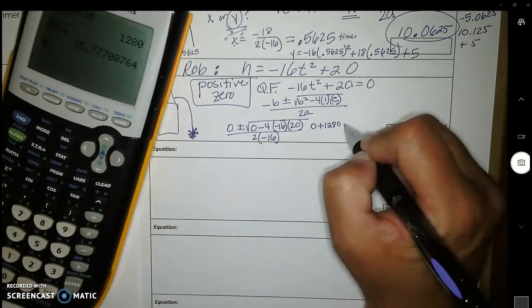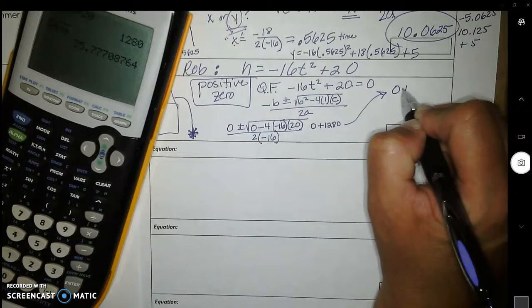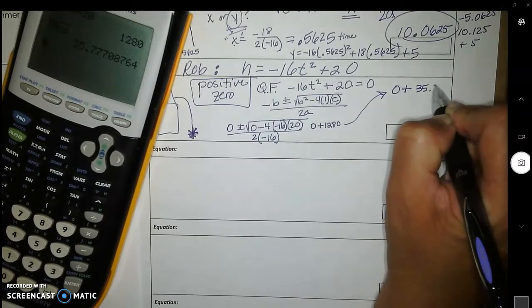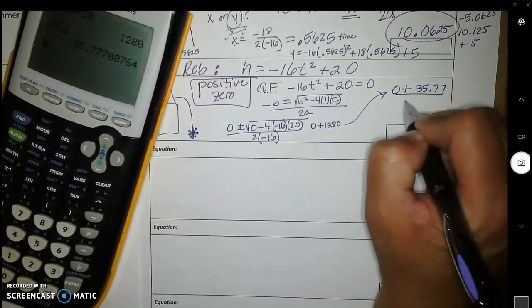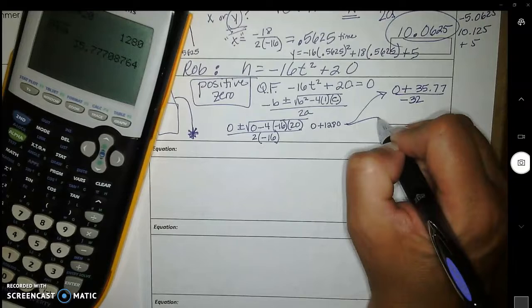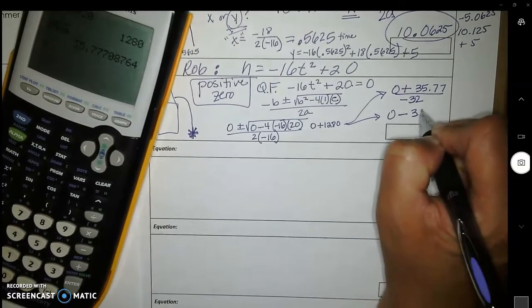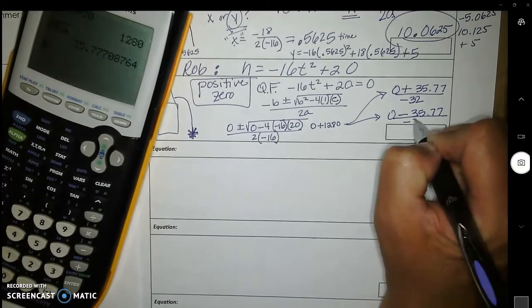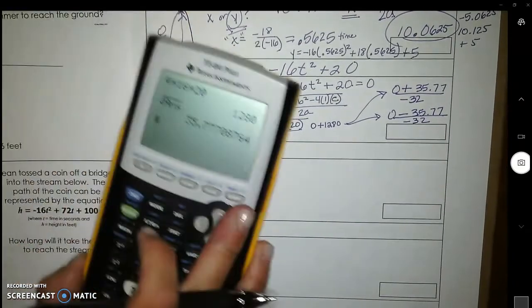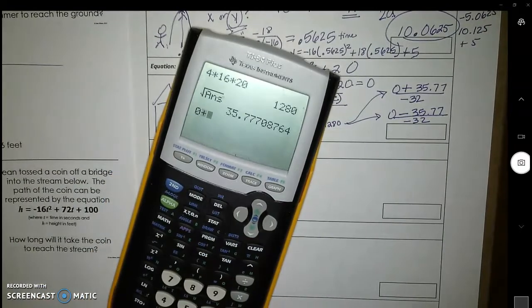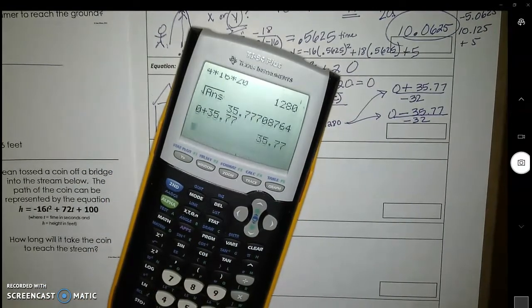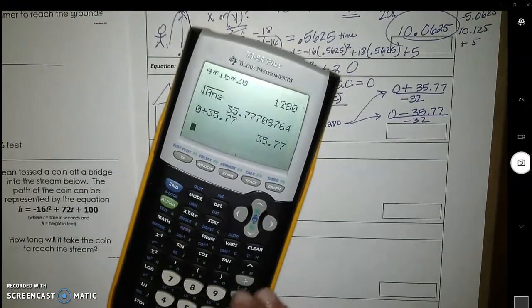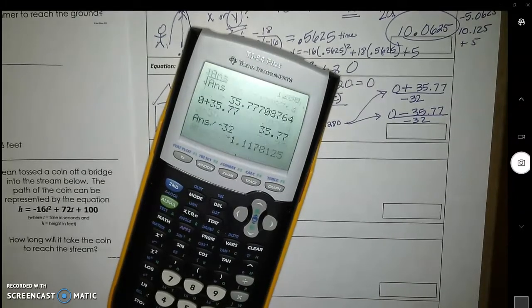So we have 0 plus 35.77 divided by negative 32, and we have 0 minus 35.77 divided by negative 32. Again, you got to be smarter than your calculator, right? Make sure that you do the numerator and then divide it by the denominator.